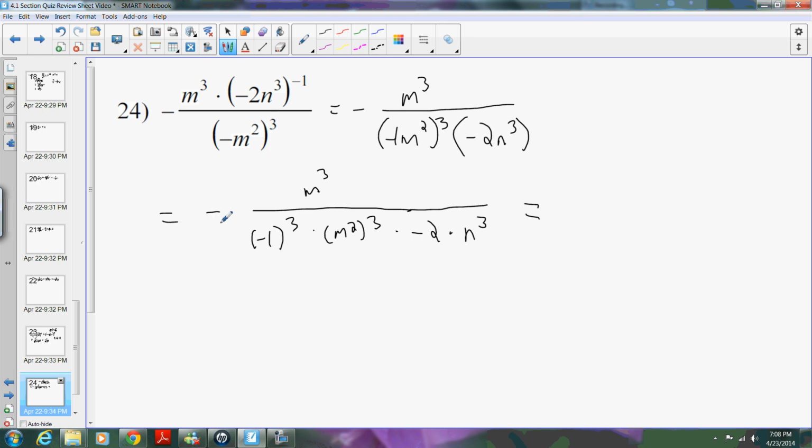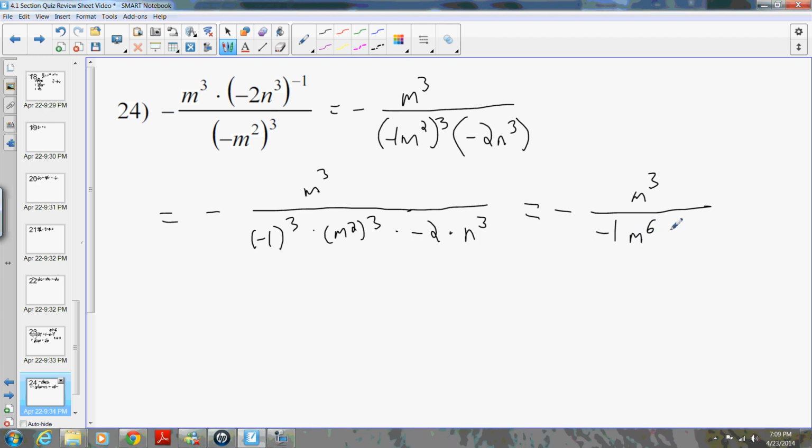So I want to simplify everything in my denominator, raise these both to a power, essentially. So this is negative m cubed, always staying in the numerator, negative 1, because negative 1 raised to the third power is negative 1, m to the sixth. And then times negative 2 times n to the third.